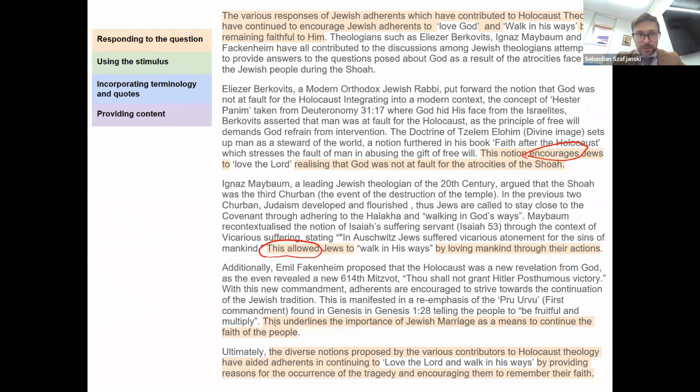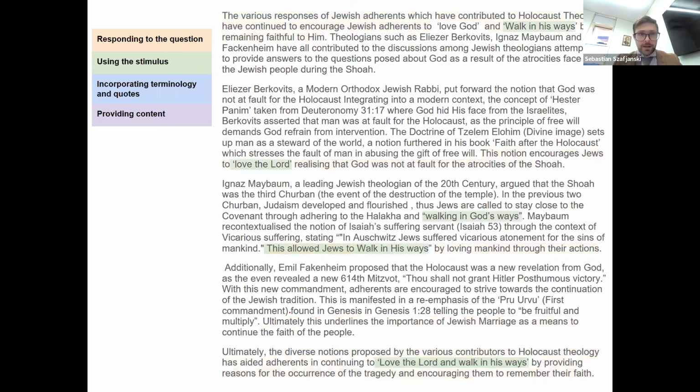Underlines the importance really brings out the idea that Jewish people are seeing this as an important event. Has the stimulus been used? You can see consistently throughout, the stimulus is scattered there. So the marker is seeing that this person is integrating this into their response, not just throwing in the whole statement.